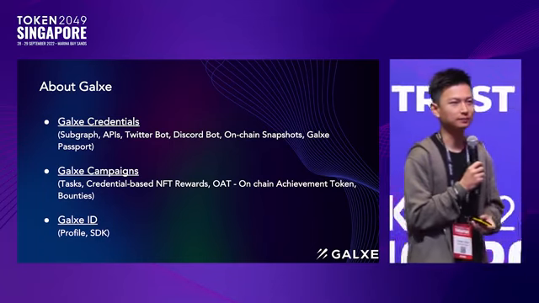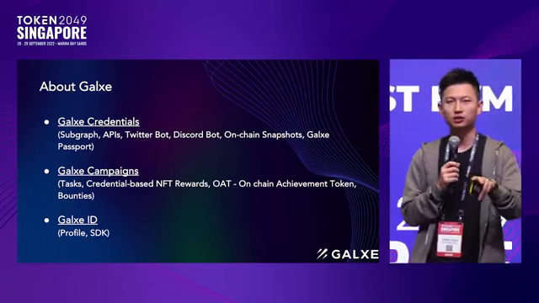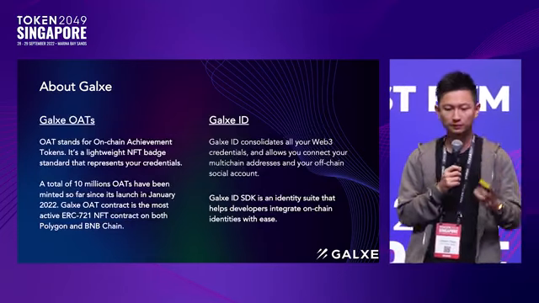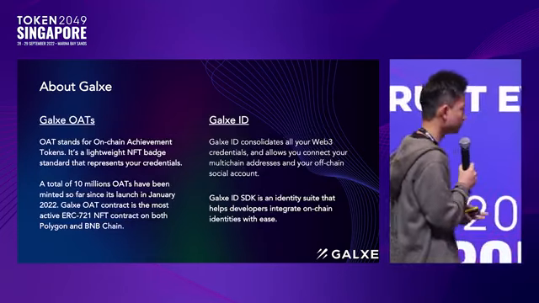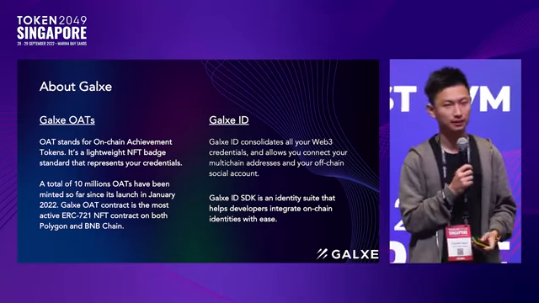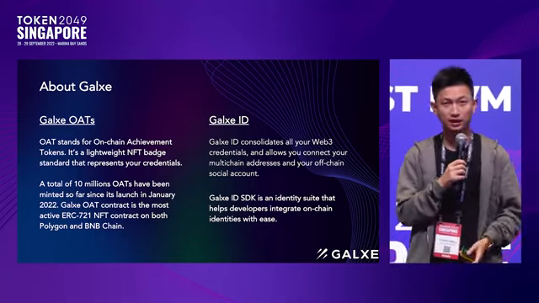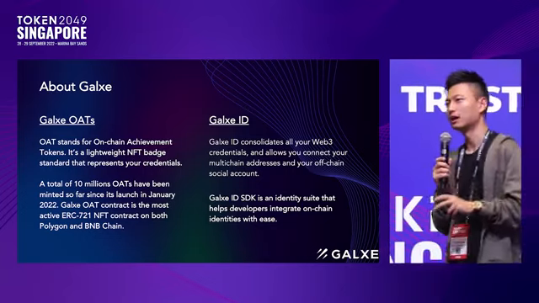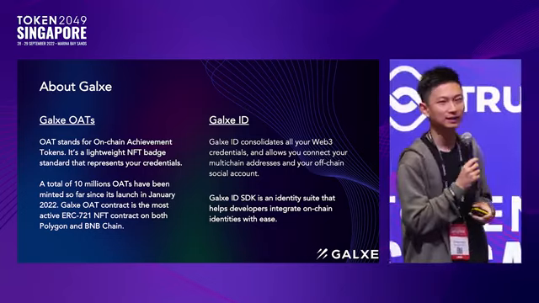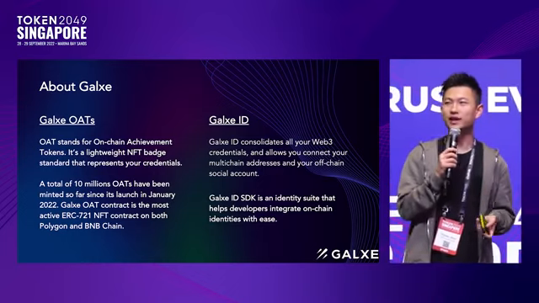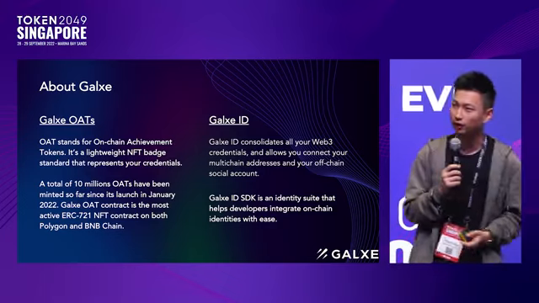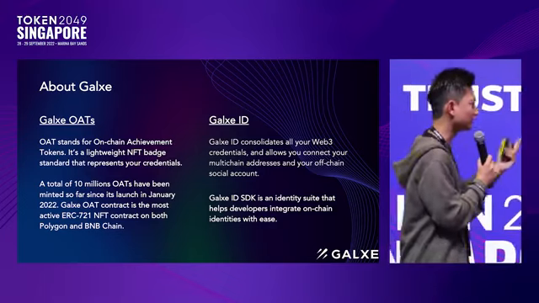So those are the major components of Galxe right now, and the two biggest features. One is Galxe Oats. So we created this, we call it Oats, or some people call it OAT, which stands for on-chain achievement token.